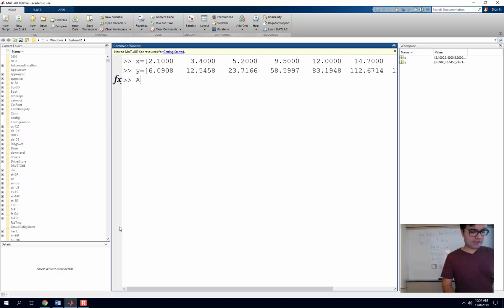So A was equal to 1s of length of x, comma, 1, and log of x prime, because I want it to be vertical. So that's my A. My B is equal to y prime, or log of y prime.